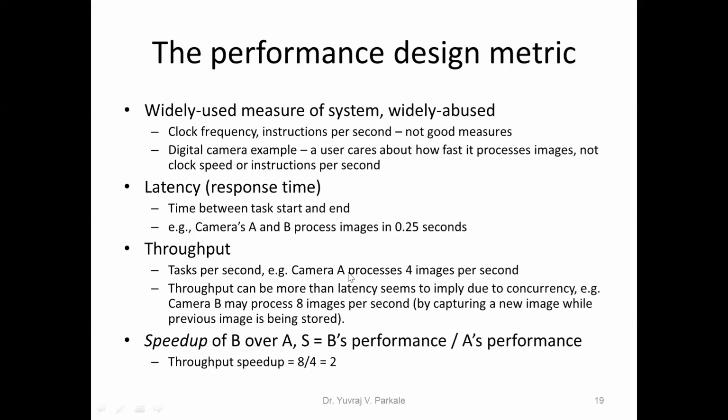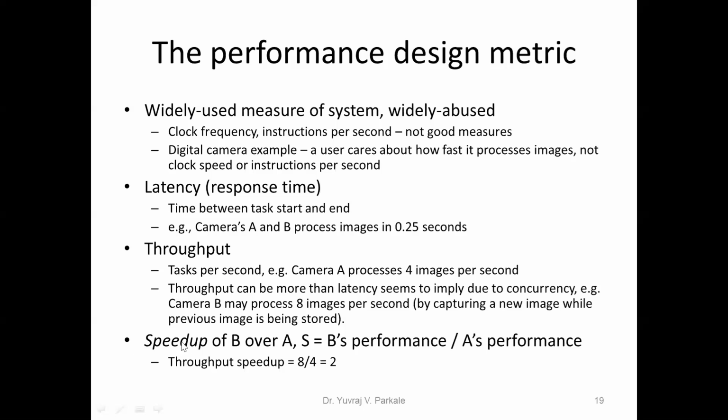So the throughput of camera A is 4. Or maybe I have a second camera, camera B, that can capture 8 images per second. So the throughput of camera B is 8. Throughput is the number of tasks executed per second.